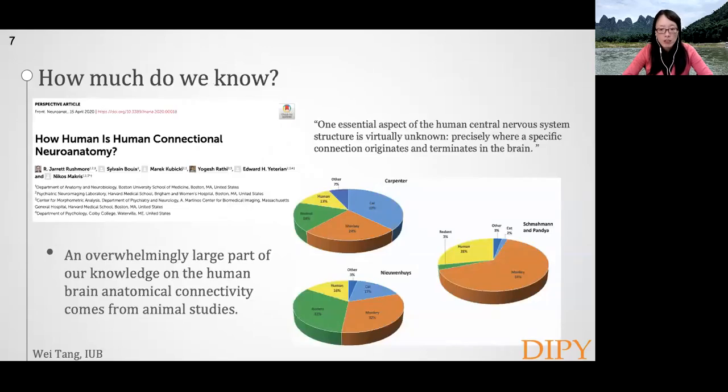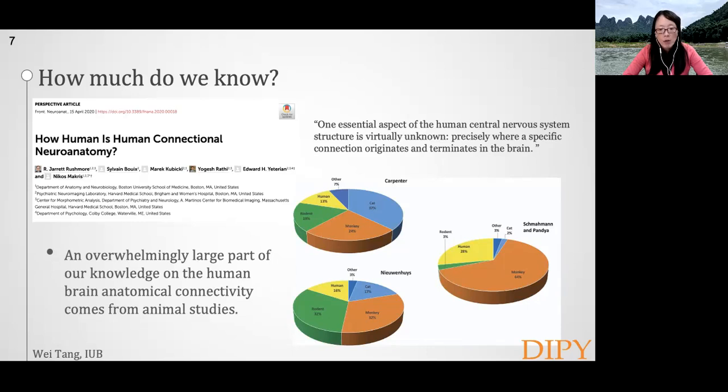So have we achieved the goal of mapping every fiber pathway in the human brain with this excellent technology? To gain some sense of the big picture, here is a review that came out last year, which did a survey of 3 authoritative neuroanatomy textbooks. The survey provided the percentage of studies cited to support each pathway mentioned in the books. Somewhat surprisingly, the majority of our current knowledge comes from animal studies.